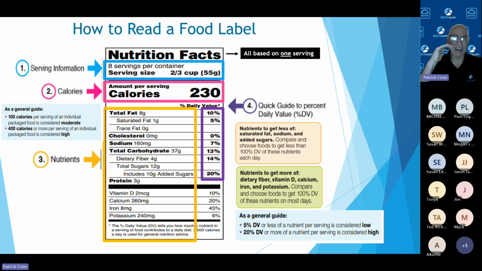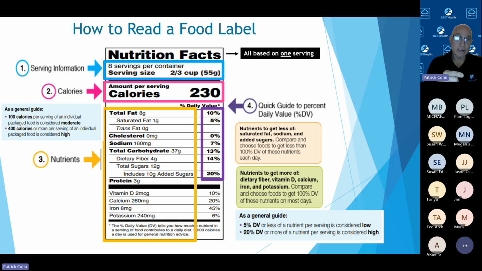Okay, so when you get to that 100 calorie range and higher, think about portion. As the number keeps rising, think about a different food that can help lower those calories and keep you in your range. Okay, so the third important thing to know on reading a food label is the nutrients.